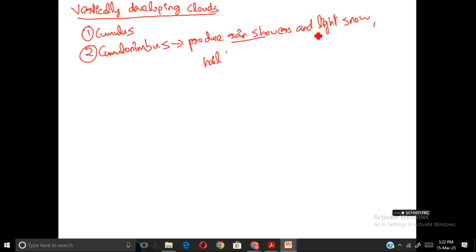They generally produce rain, light snow or hail, and they are associated with thunderstorms, cyclones, etc. Associated with thunder.